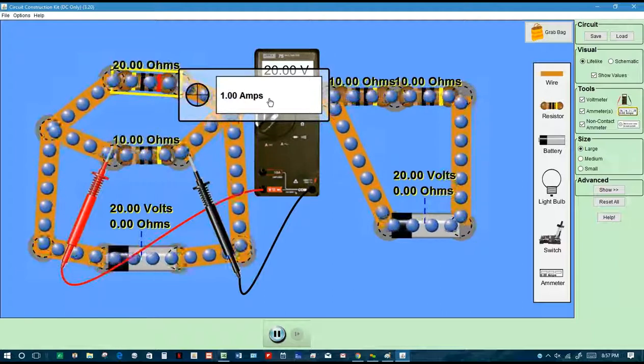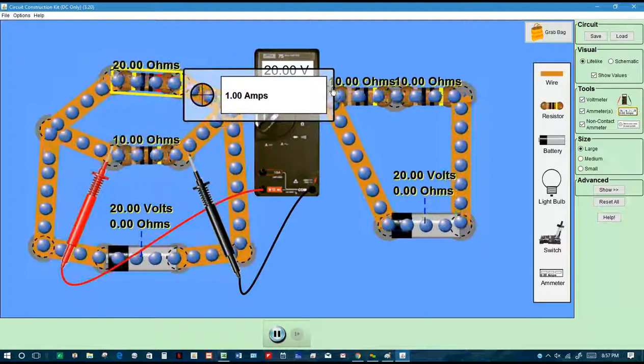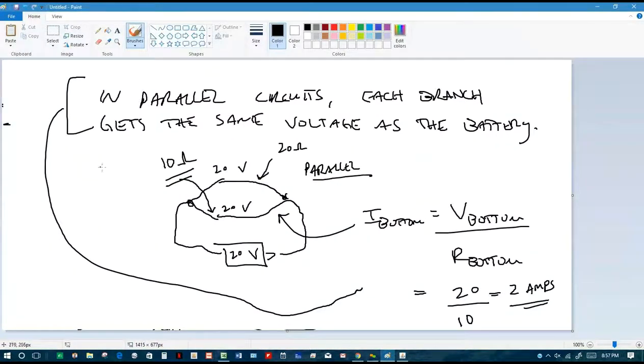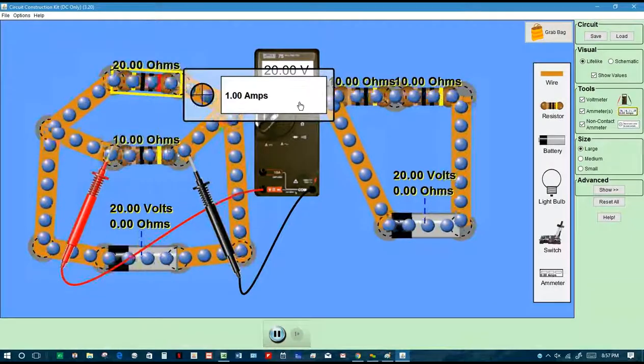Well, what is the resistance of the top path? 20 ohms, right? And so the last part is to say, can we predict the current flowing through the top path? It would be the voltage on the top path divided by the resistance of the top path, and we get 20 volts divided by 20 ohms. Therefore, Ohm's law predicts that 1 amp will flow along that top path. And that's what we're getting, right?